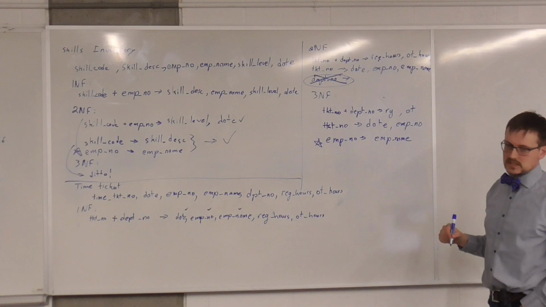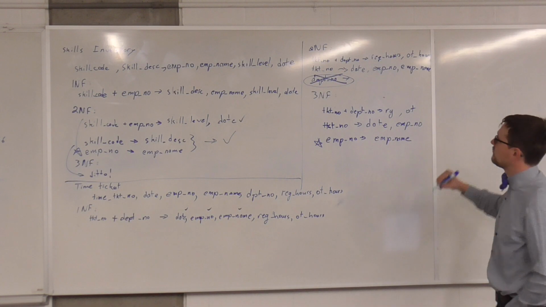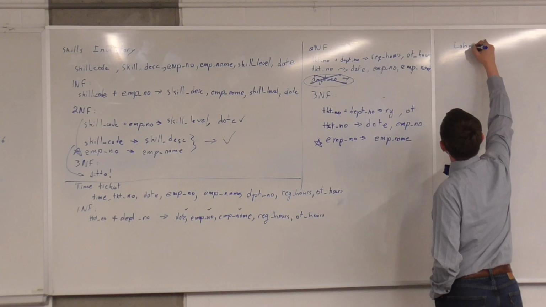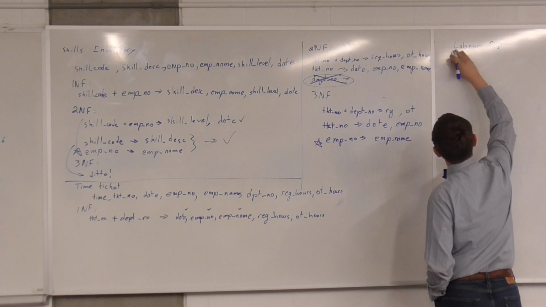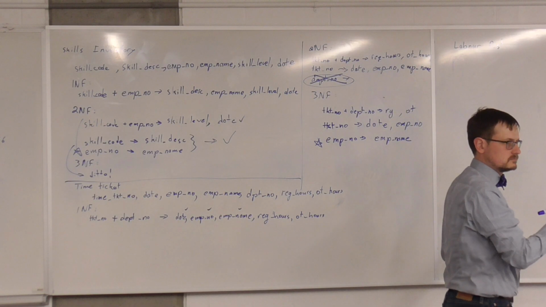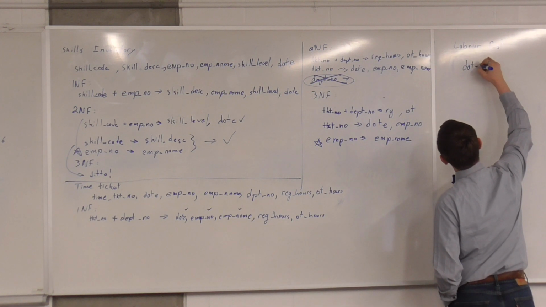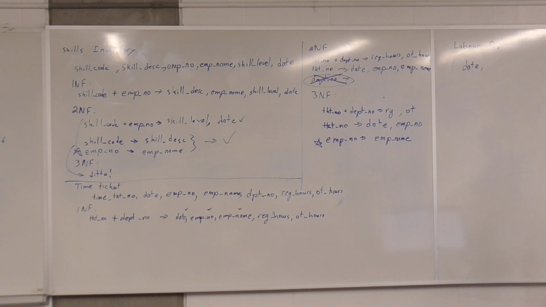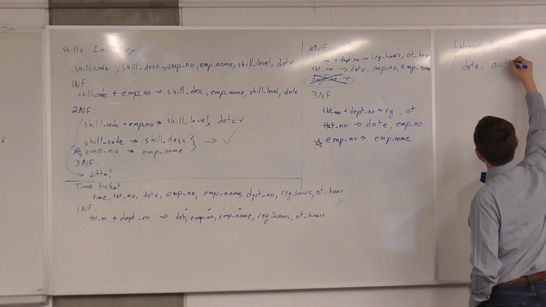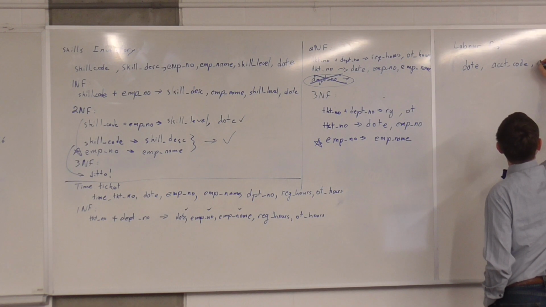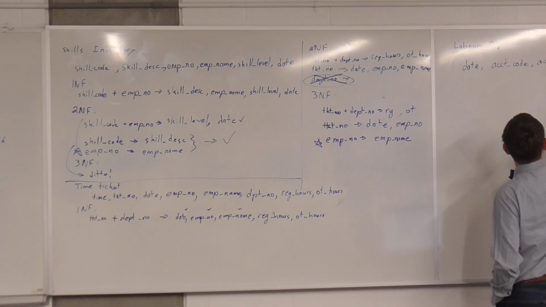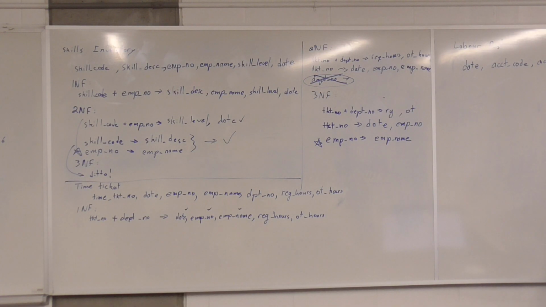So, this one is the labor distribution report. Labor dist. Sure. So, what are our entities? Date. Once again, like page, we'll leave page off. What else do we have? I believe that's account code. Next. Account name. Department number. Department number, yeah.